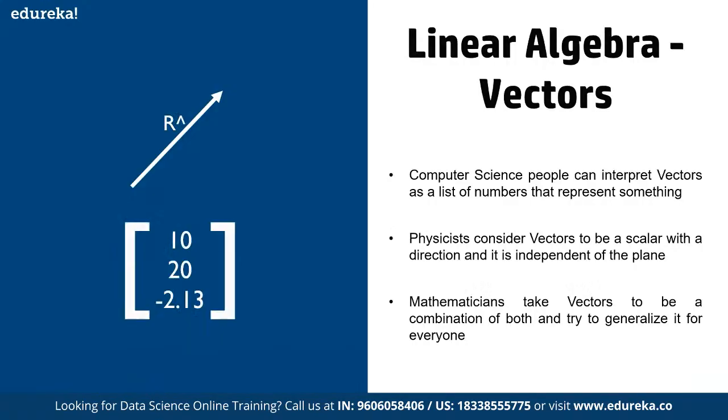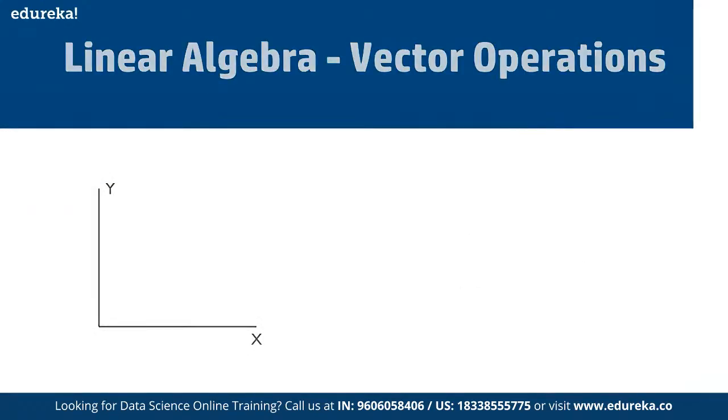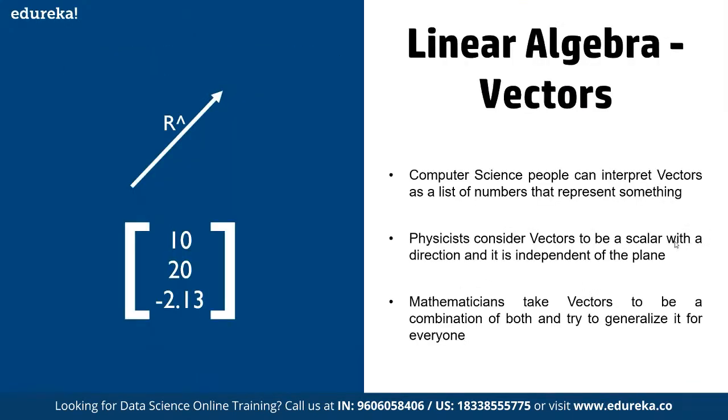Now, next we have vectors. Vectors can get a bit complicated as they are different for different backgrounds. Computer science people can interpret vectors as a list of numbers that represent something. Physicists consider vectors to be a scalar with a direction and it is independent of the plane.